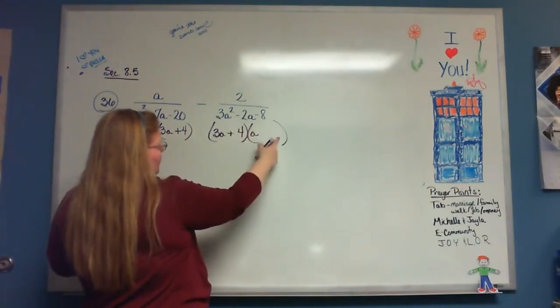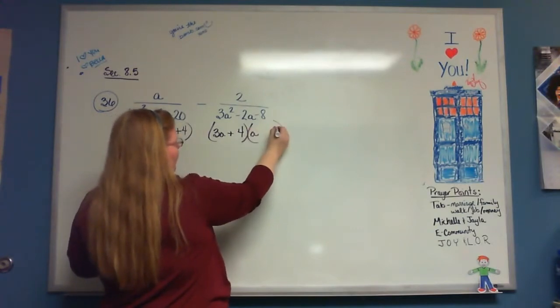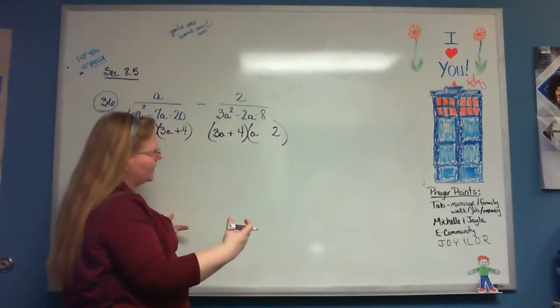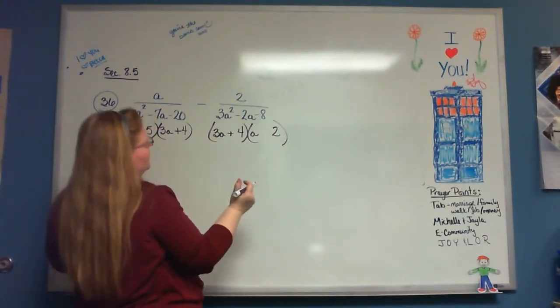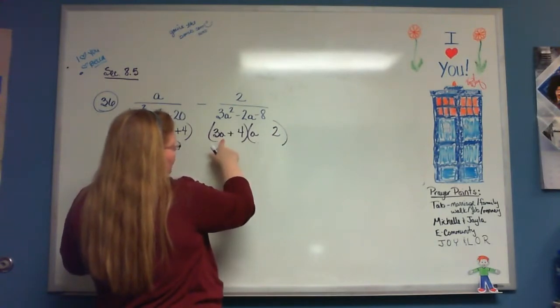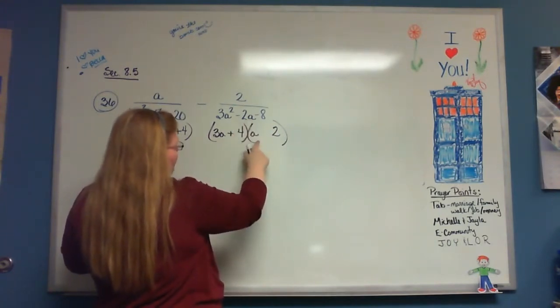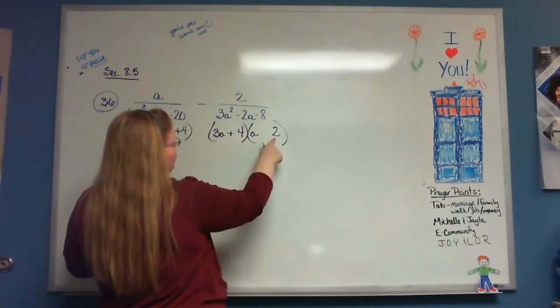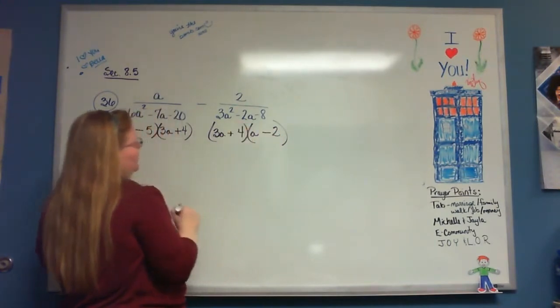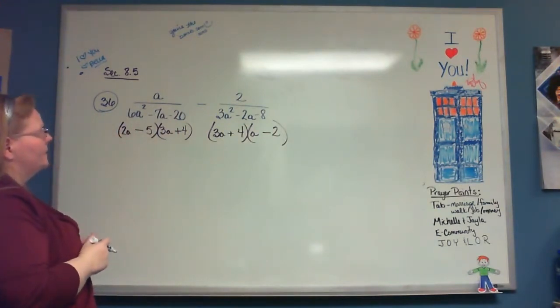So I'm going to try 4 and 2 to get my 8 to see if it'll work. We don't know that it'll work. We're just trying it. It's a good place to start. So that'll give me 4a. That'll give me 6a. 6 minus 4 does give me 2. I need my 6 to be negative, so my 2 will stay negative when we add the positive 4a.